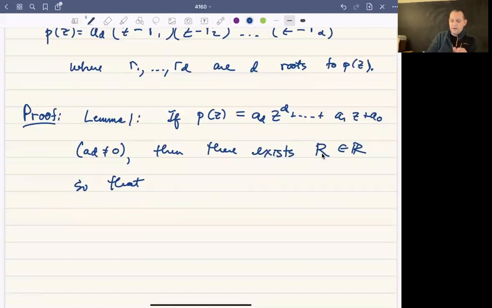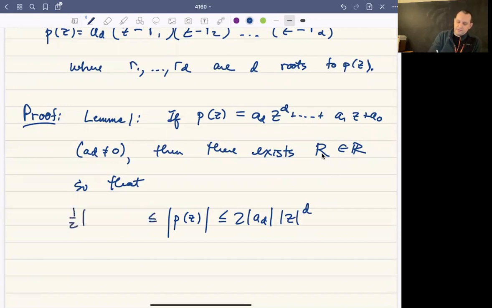So here what I want to say is that P of z is bounded below by one half the modulus of the first coefficient times z to the d, if the modulus of z is greater than or equal to r. Okay, and so that's the first thing that we're going to need.